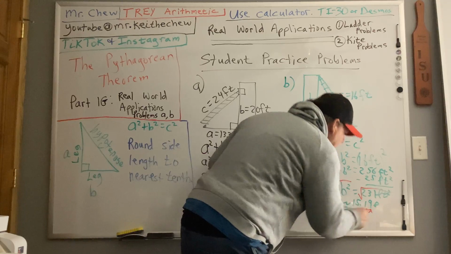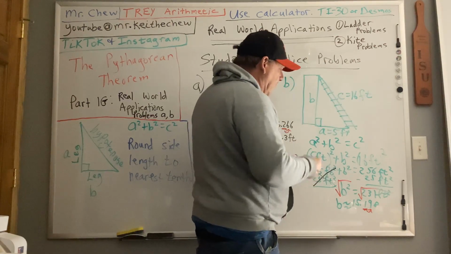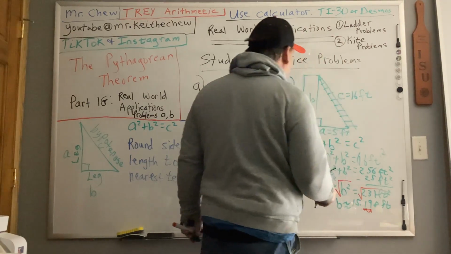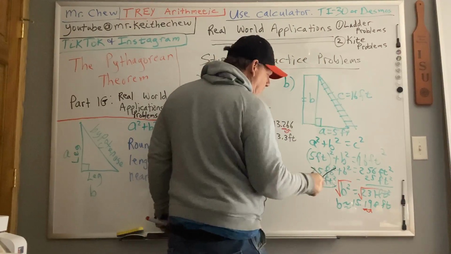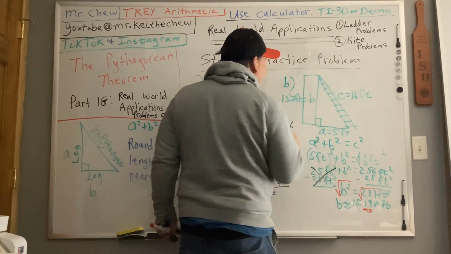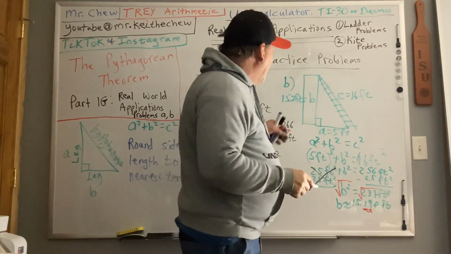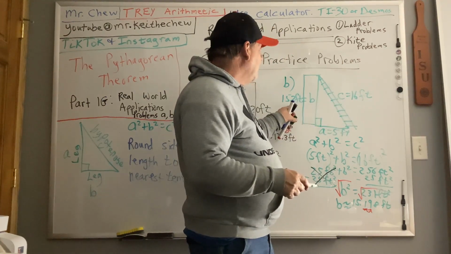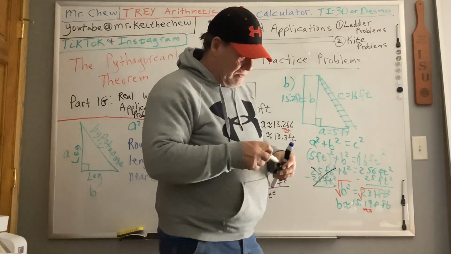I look to the right. Is a 9 greater than or equal to 5? It sure is, and this unit is feet, which means I round up. So my B equals 15.2 feet. So that means I have a 16-foot ladder that's going 15.2 feet. I need a longer ladder.